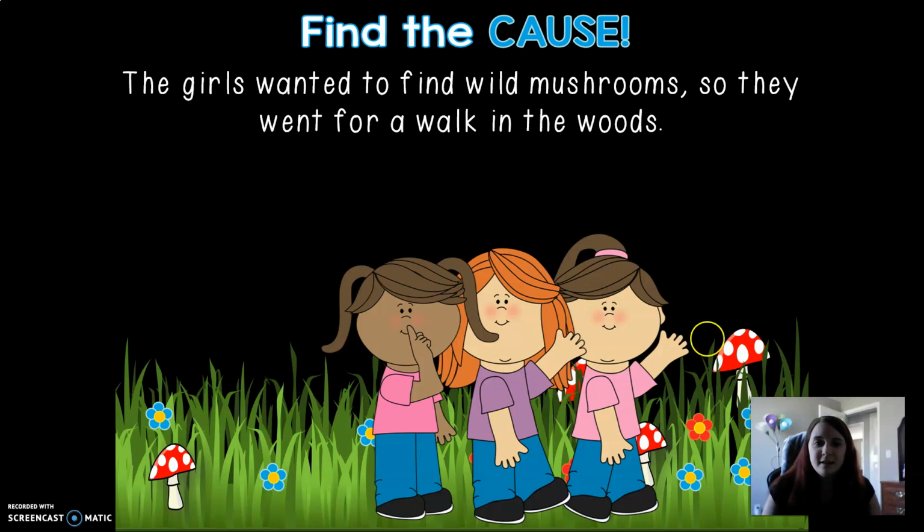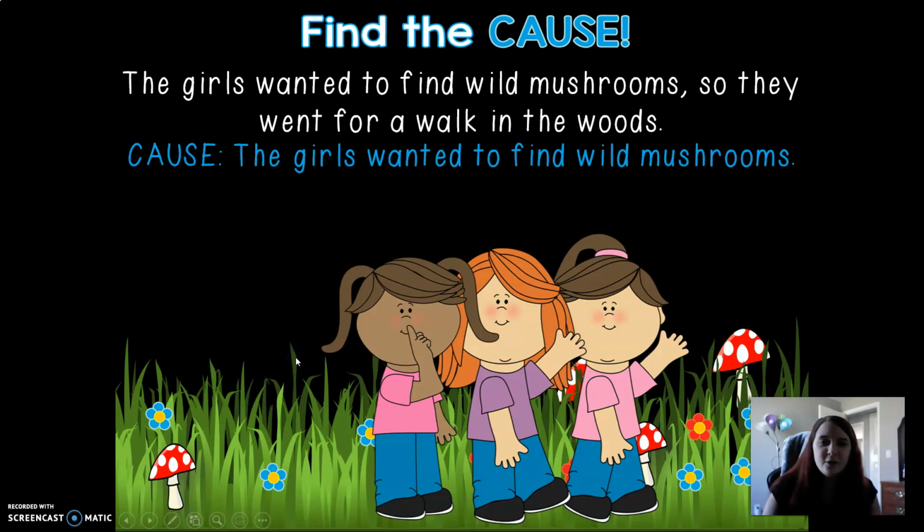And the cause is the girls wanted to go find wild mushrooms. We know this because that was the reason they went for the walk. They went on the walk to find the wild mushrooms, the because.